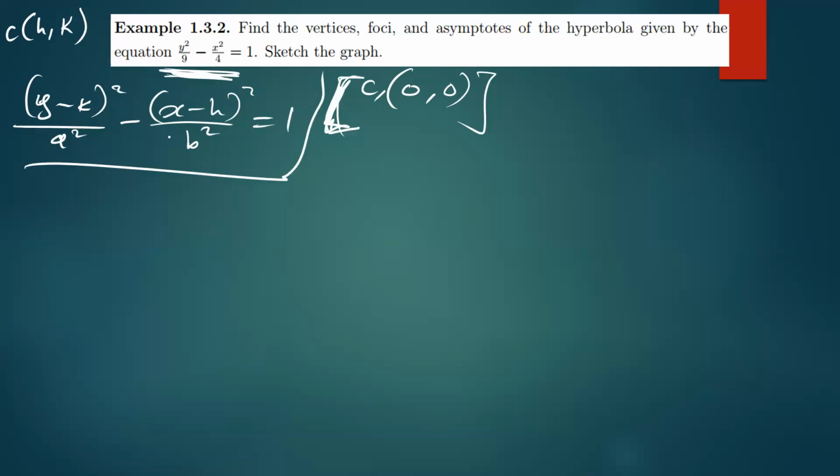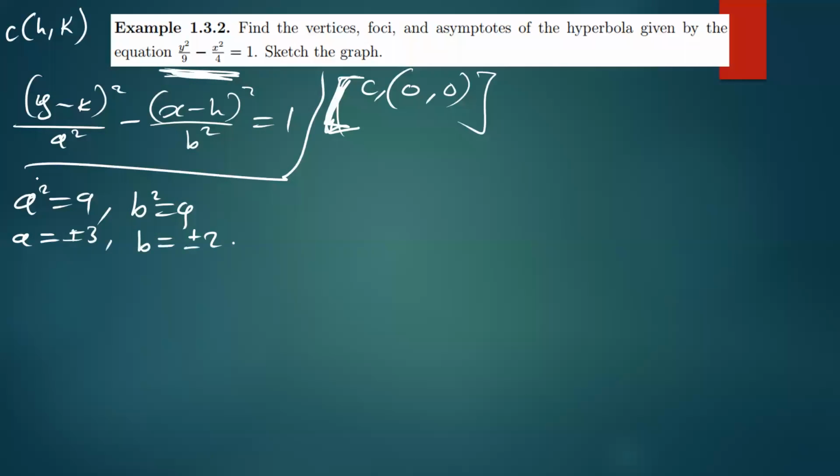The first thing that you need to do is to identify the denominators as a and b respectively. So we have the value of a squared being equal to 9 and the value of b squared being equal to 4. Meaning a is, when you square root both sides, plus or minus 3, and b will be plus or minus 2.